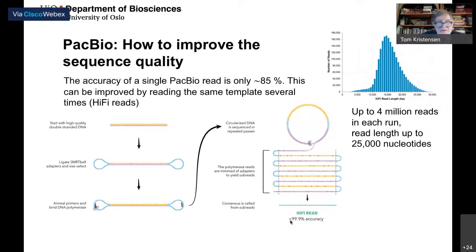I discussed this only yesterday with some people at the Norwegian Sequencing Center, and they say that the hi-fi reads from the Parkview has completely transformed the way they assemble or sequence genomes. They work a lot with fish genomes, and it's enormously easier to obtain an assembled genome than it was previously, using only short reads from an Illumina instrument.